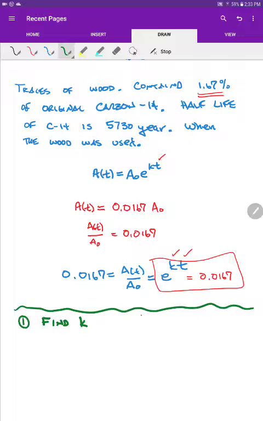So that means that A of t equals A of 0 over 2, or 1/2 of A0. So A of t over A0 equals 1/2 now.